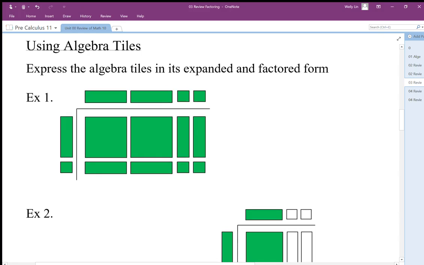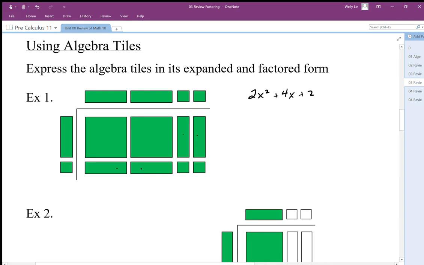So using algebra tiles here, okay, we're typically going to stick with the area model, but we should understand our algebra tile model. The area here is going to be 2x squared plus 4 x's, there's 1, 2, 3, 4, plus 2.